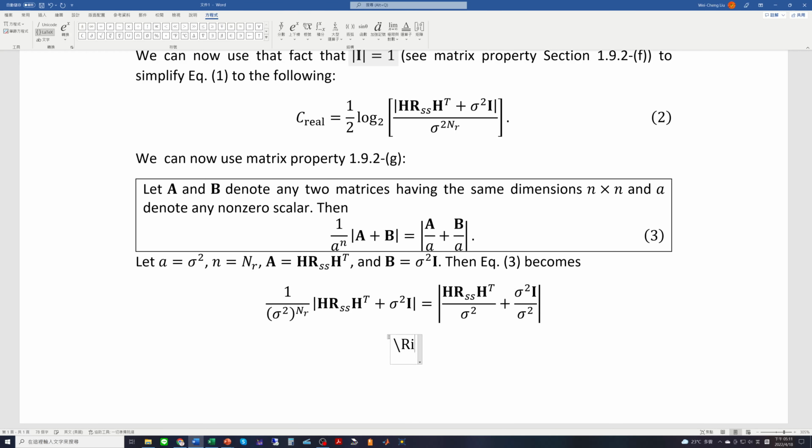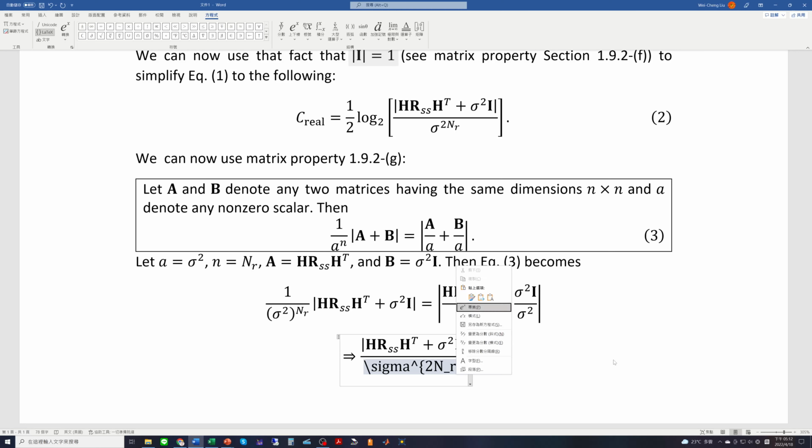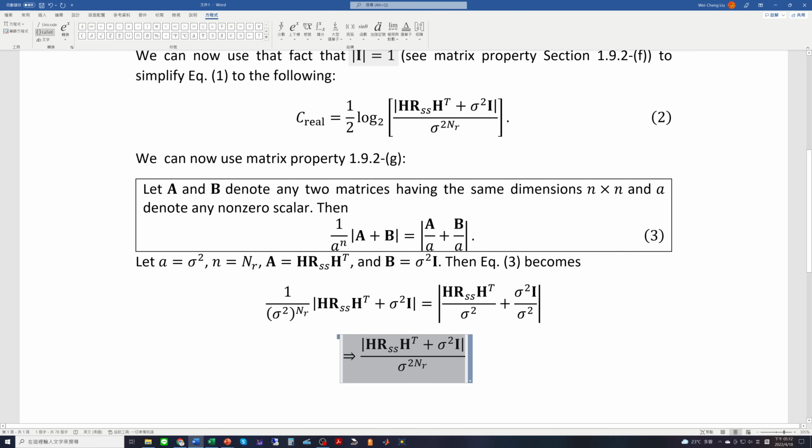So it implies that this is the numerator. We copy this here, and the denominator sigma square to the power of NR can be written as sigma to the power of 2NR.